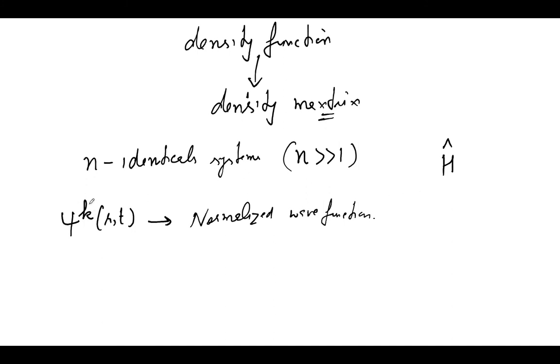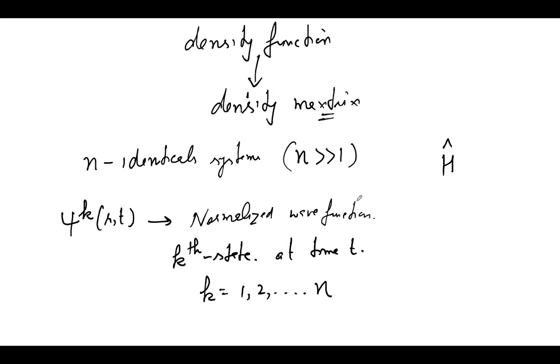So this psi k represents the kth state of the ensemble at time t. This k can be any number, 1, 2 up to N, where N is the total number of systems present in the ensemble.